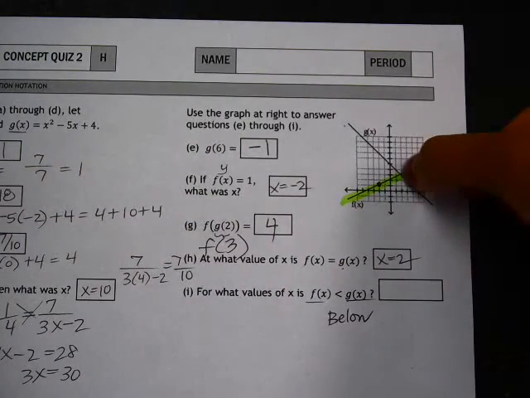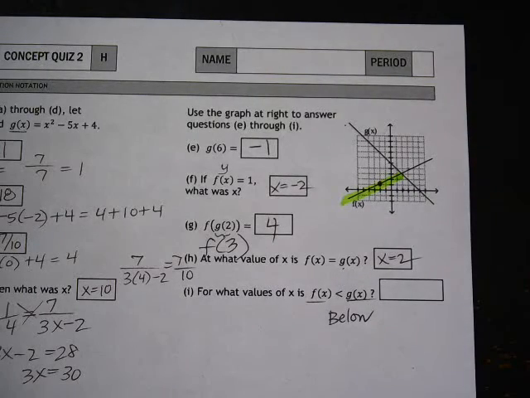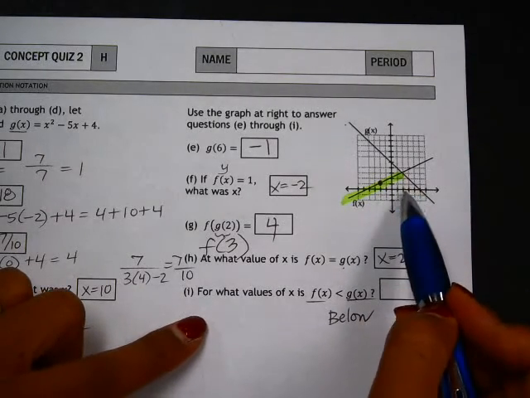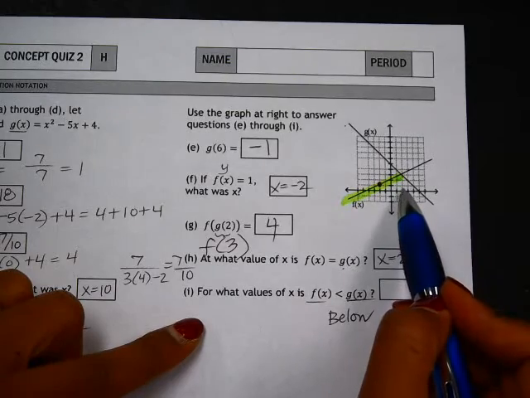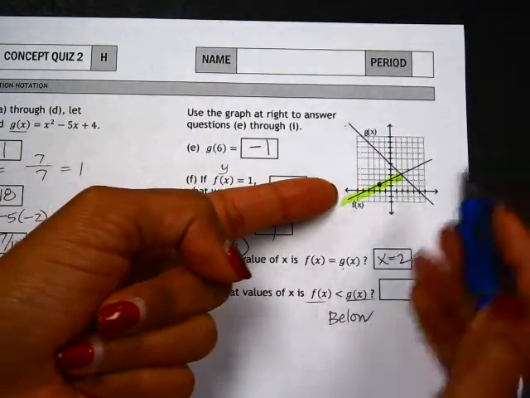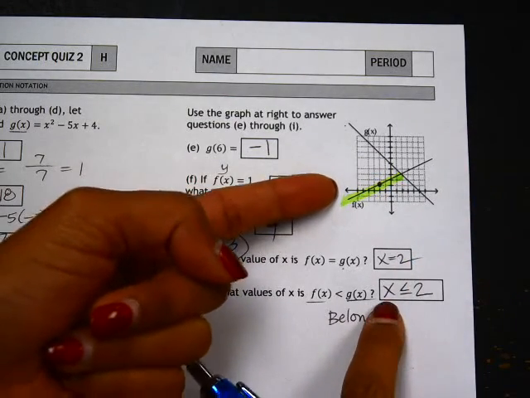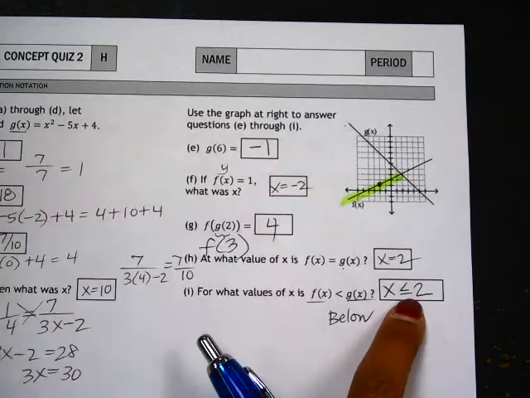But once you hit this point, f of x is above g of x. So what values of x is that? Well, I'm starting here at 2, but I highlighted everything that's less than or equal to 2. So x is less than or equal to 2. All the numbers less than or equal to 2 are part of the solution.